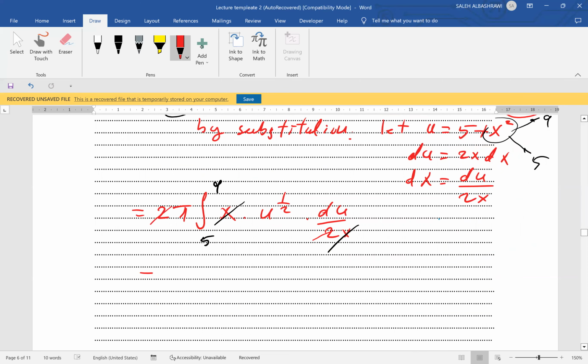So I will have pi times the integral from 5 to 9 of u to the 1/2 du.